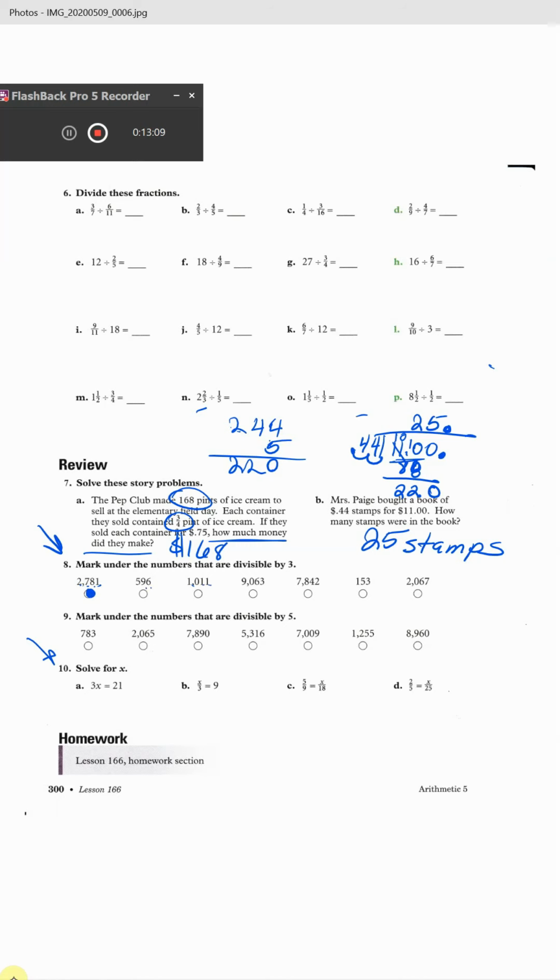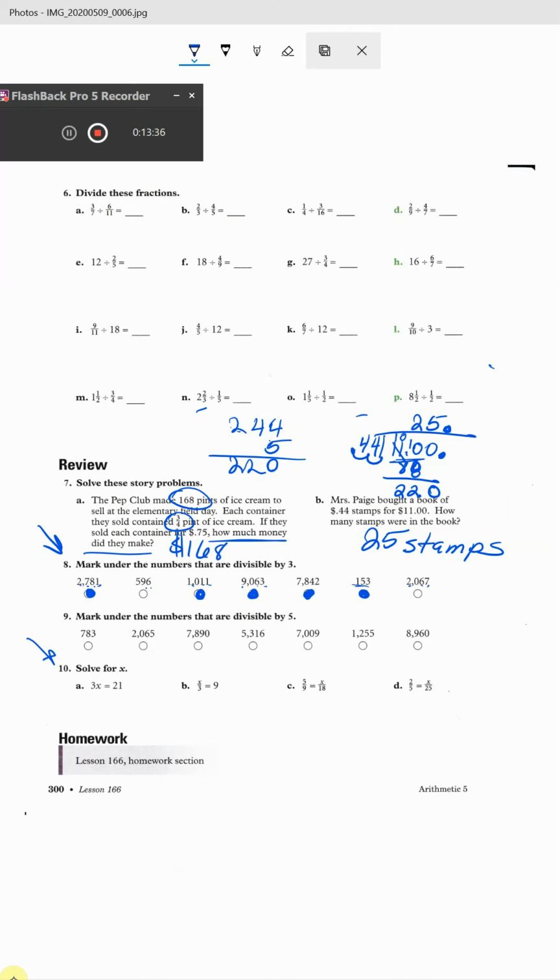1 and 1 and 1 is 3. 9 and 9, 18. That goes into 3. I have 15 over here and a 6 over here. 15 plus 6 is 21. Does 21 go into 3? Sure does. 3 times 7. 6 plus 3 is 9. 9 goes into 3. 6, 13, 14, 15.